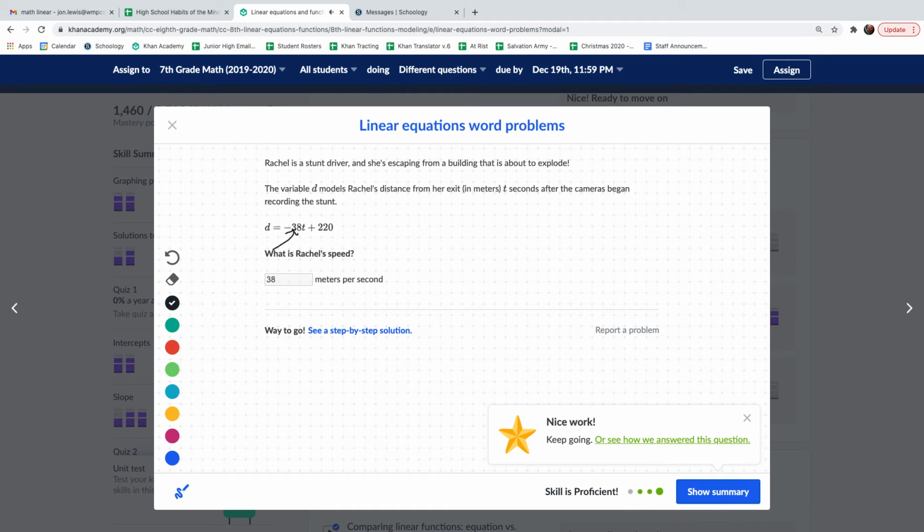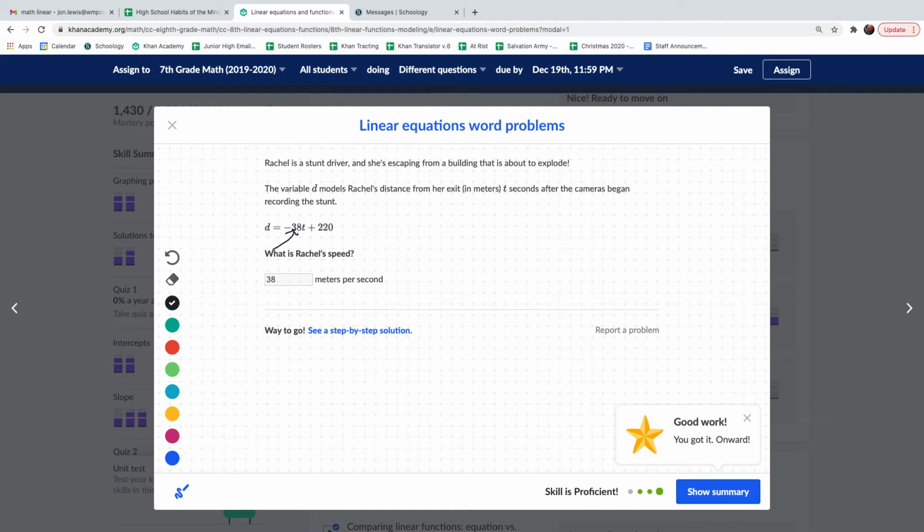Now, why did I not put negative on this? Well, you cannot have a negative speed. This has to do with physics. The negative that you see means that she is going over a distance over time, and so it is showing a direction.